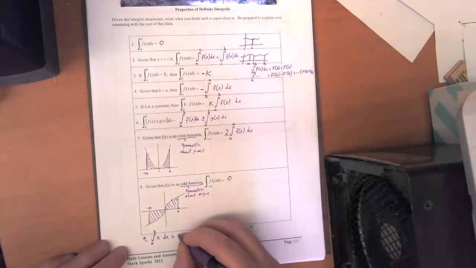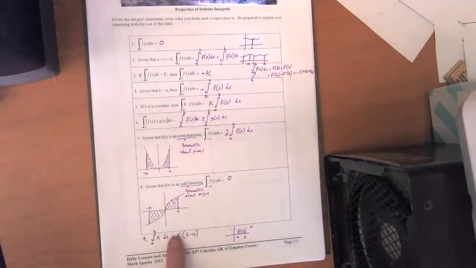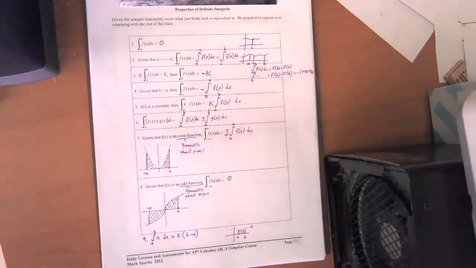Well, the height of the rectangle is k, and the width of the rectangle is b minus a. So this is just a really easy way to find the integral of a constant with respect to x. Okay, so I think that's important enough. It comes up enough times that it's worth having that extra rule sitting there on your rule sheet.